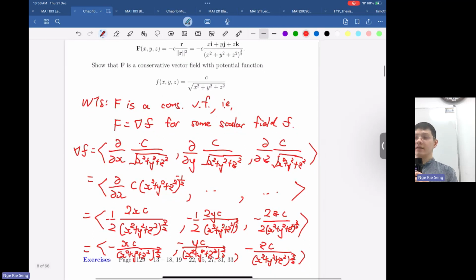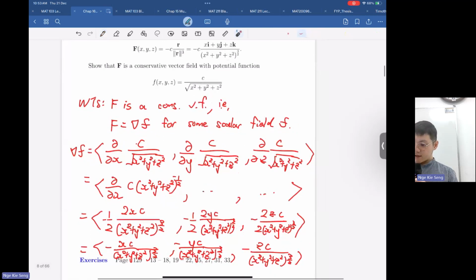Yeah, so it's exactly the vector field you want to find here. So minus c times x in the x direction plus y in the y direction plus z in the z direction.